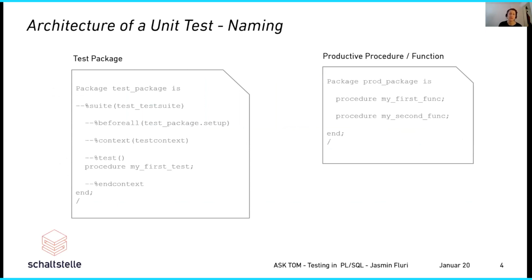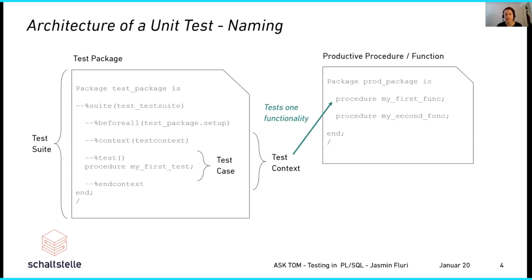Something about the naming of the unit tests. We call a test package a test suite, and the test itself is a test case. Within a test context, we can have one or multiple test cases that are run. Importantly, one test context tests one functionality of our production procedure.